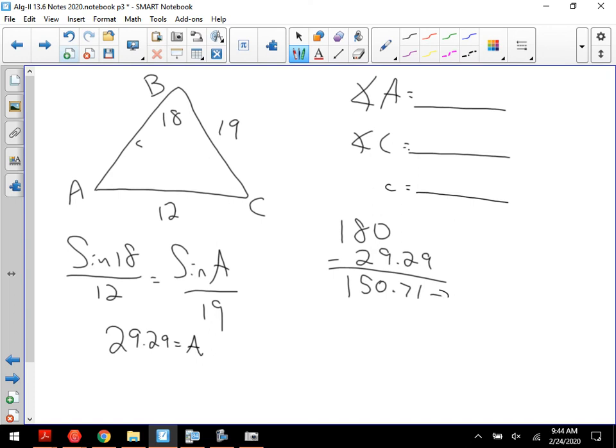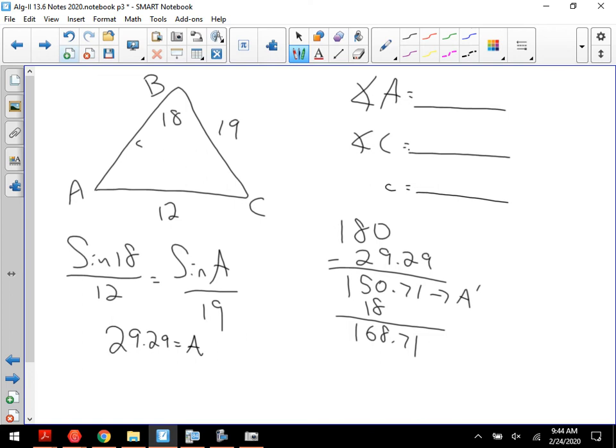And I'm going to call this A prime for right now. I don't know if I'm going to need it, I'm just checking it. To that angle, what do I have to add? 18. You always add your original angle. So I add my 18 to it, and I'm at 168 and change. So is that above or below 180? Below, which means you can have two triangles.